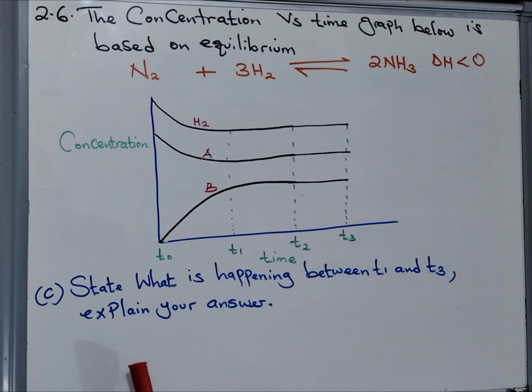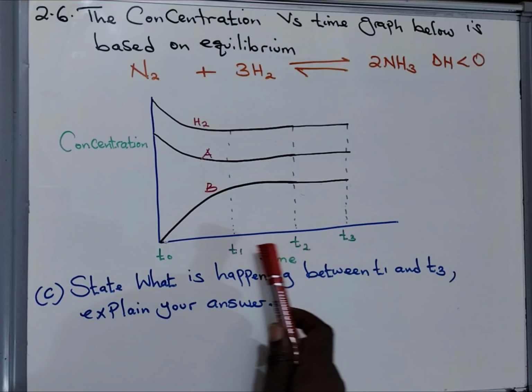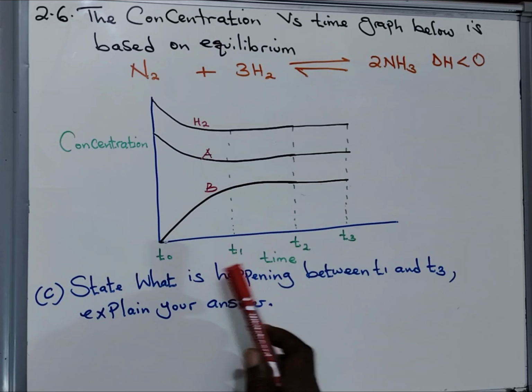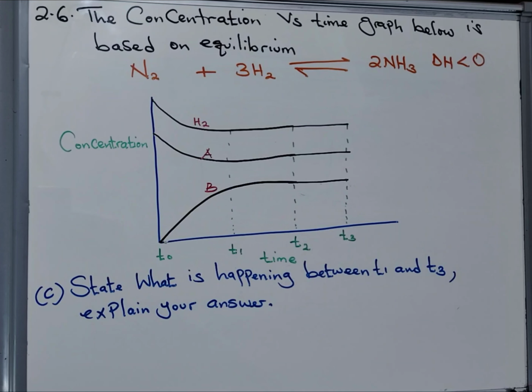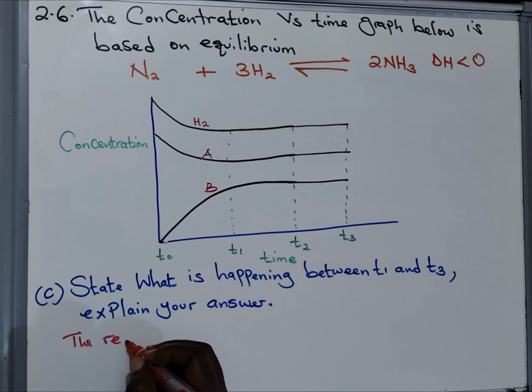Yeah, then comes this question. It says that state what is happening between T1 and T3. Explain your answer. Okay, this is T1 and this is T3. What is happening between that? The answer is the reaction is at equilibrium.